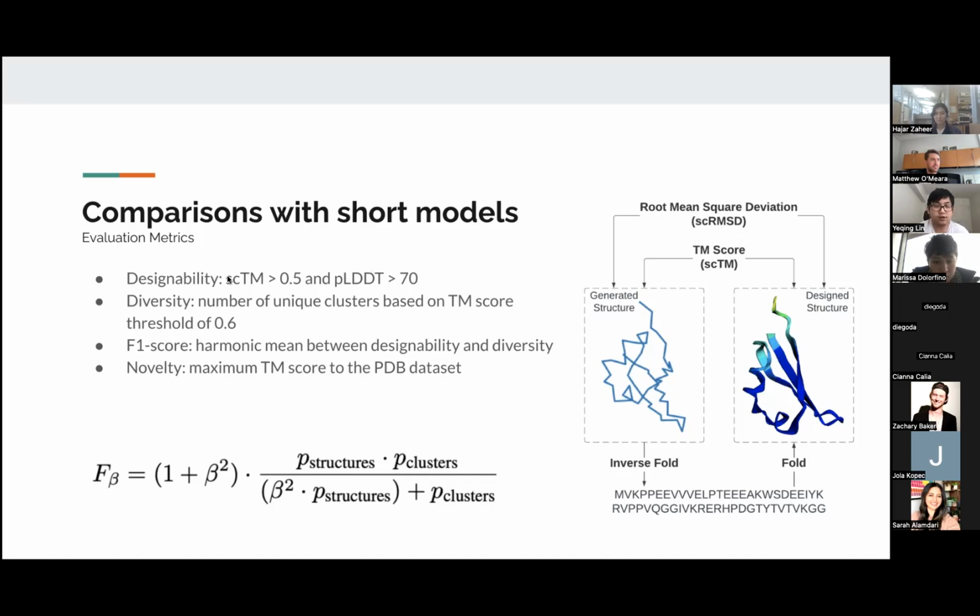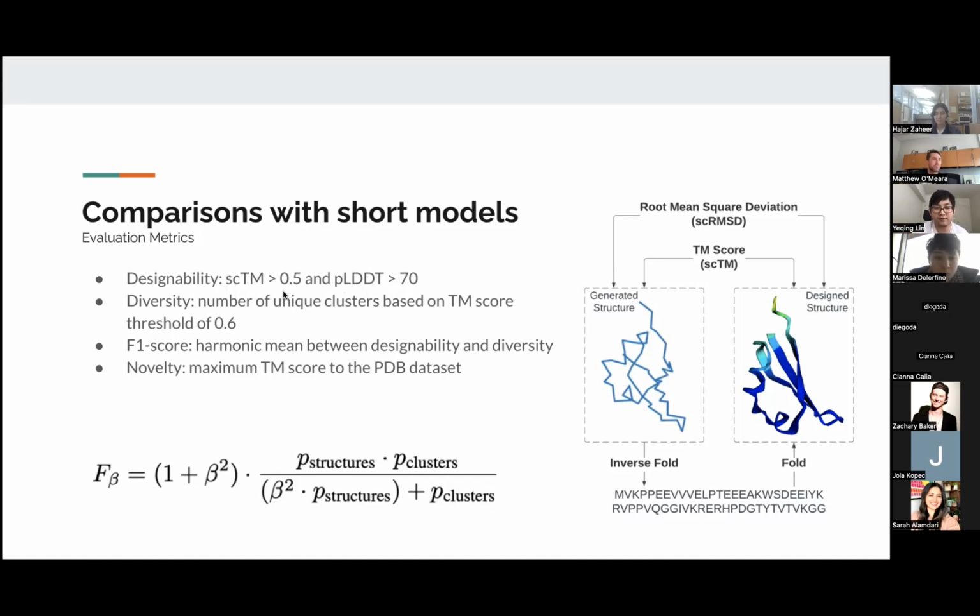Here, to start with the small model, which is our unscaled version of Genie, we start with scTM to be consistent with previous models, specifically FoldingDiff as well as ProtDiff, the two models that came before us. The pLDDT is the confidence score output by the protein structure model, which is common practice in AlphaFold 2 as well as ESMFold. It gives you a confidence of the designed structure.